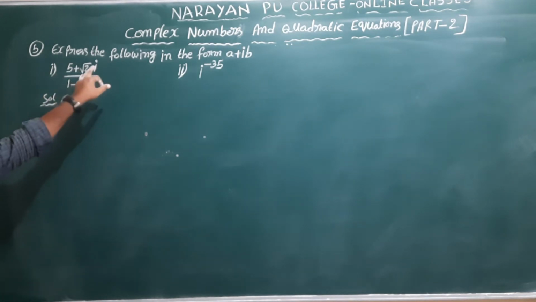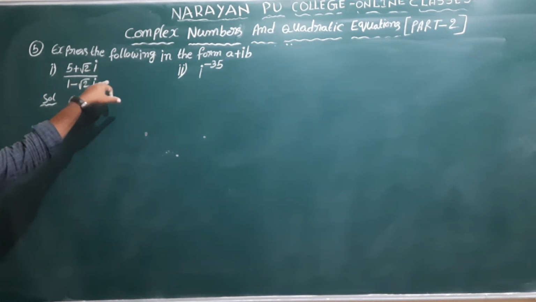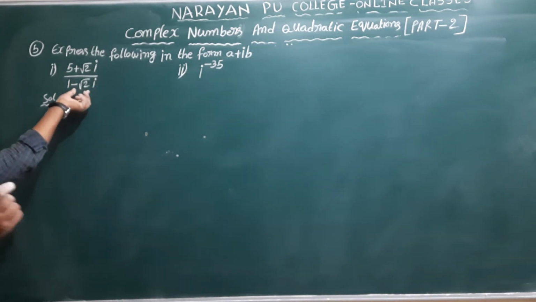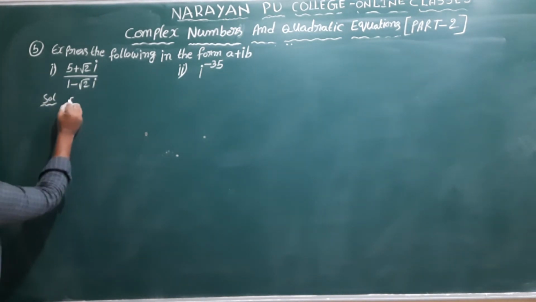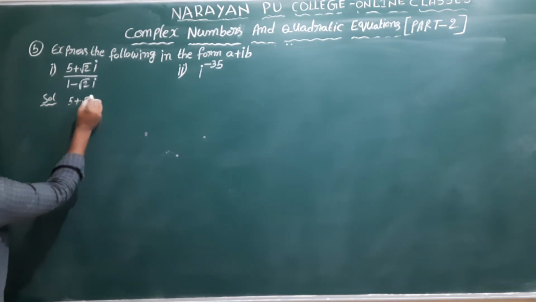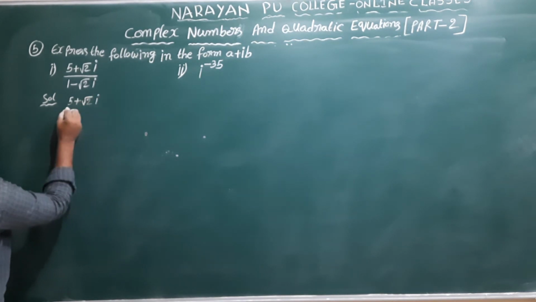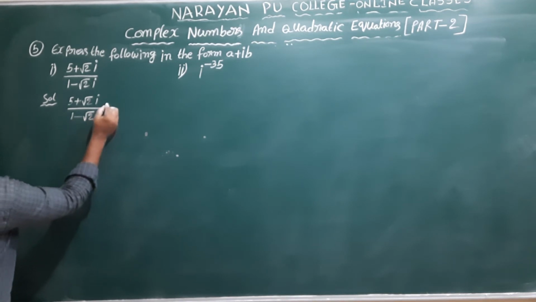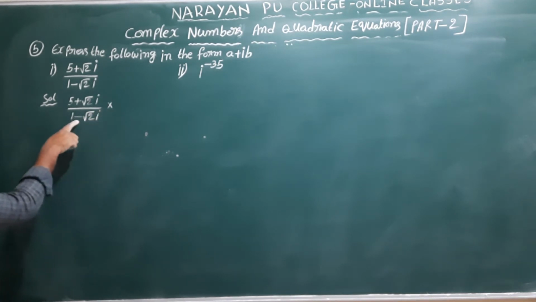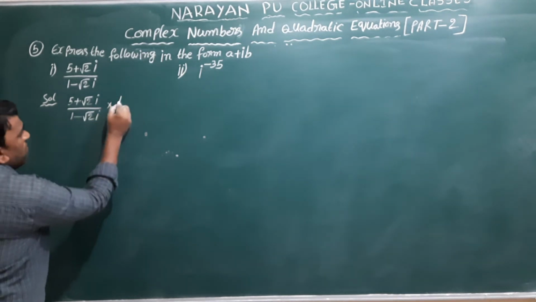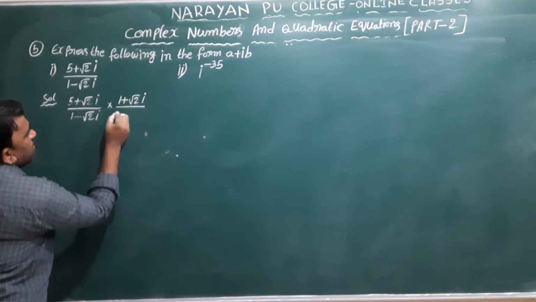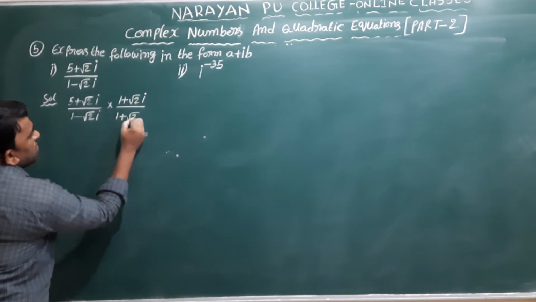If you observe here, it is in z1 by z2 form, division of two complex numbers. So we need to rationalize the denominator first. 5 plus root 2 i divided by 1 minus root 2 i. Denominator rationalization: multiply and divide by 1 plus root 2 i.